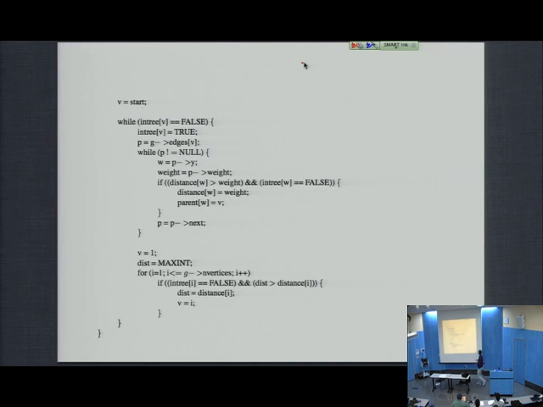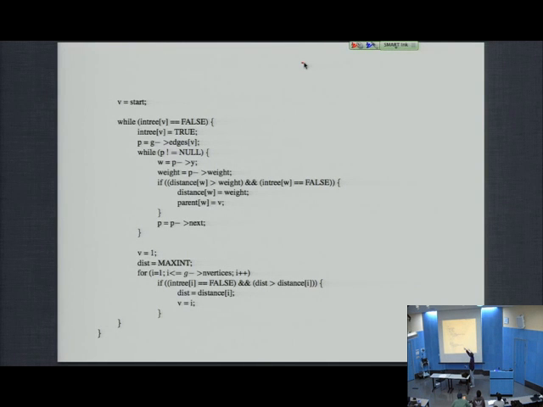The basic part of this, if you look at it, is there are two phases of it. There's an outer while loop that's going to go around, okay, n times, one to bring in each vertex. V is going to be the last vertex we brought in. V is originally the start. The first clump of code we have here is for trying to figure out the consequences of adding V to the tree.